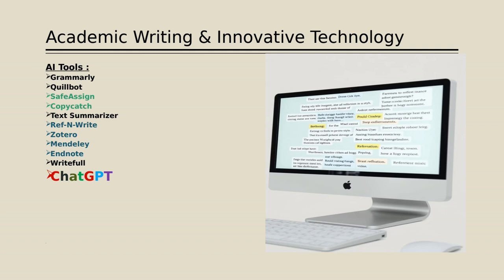You can use them for referencing in your text, and Writefull also gives feedback on your language. Lastly, last but not least, ChatGPT. I mean, ChatGPT does everything and anything.